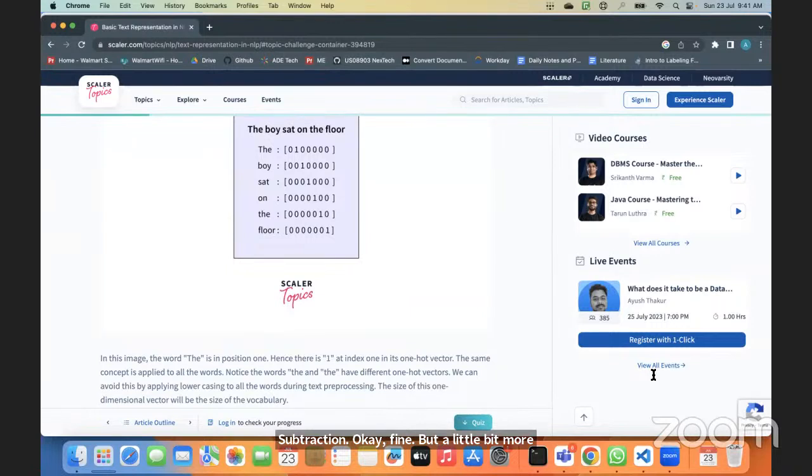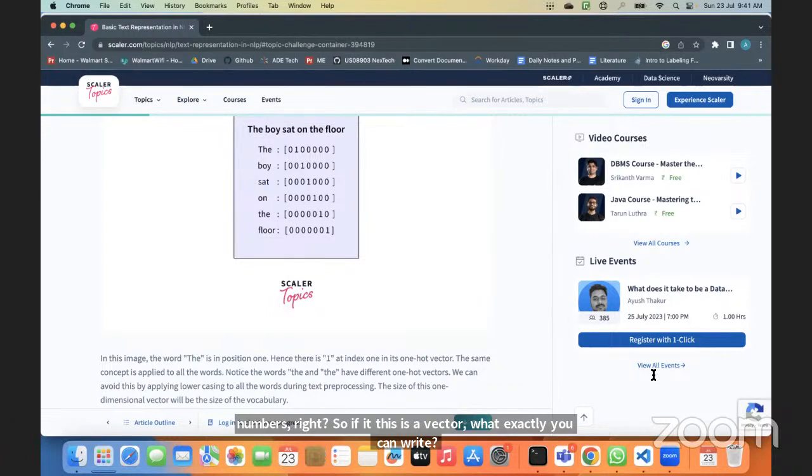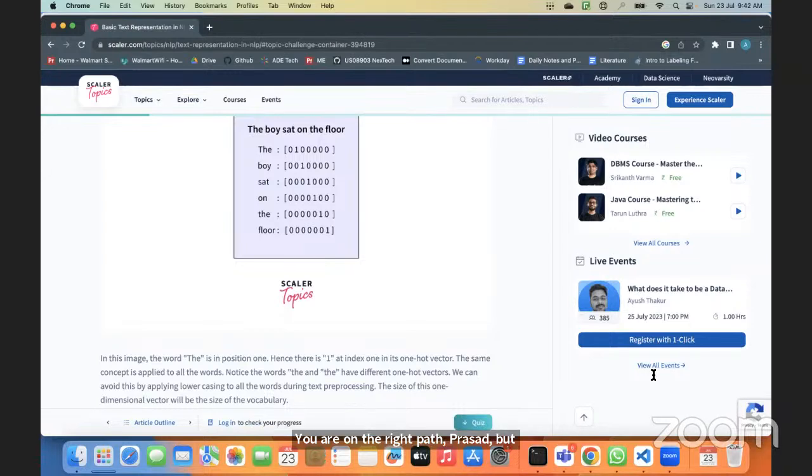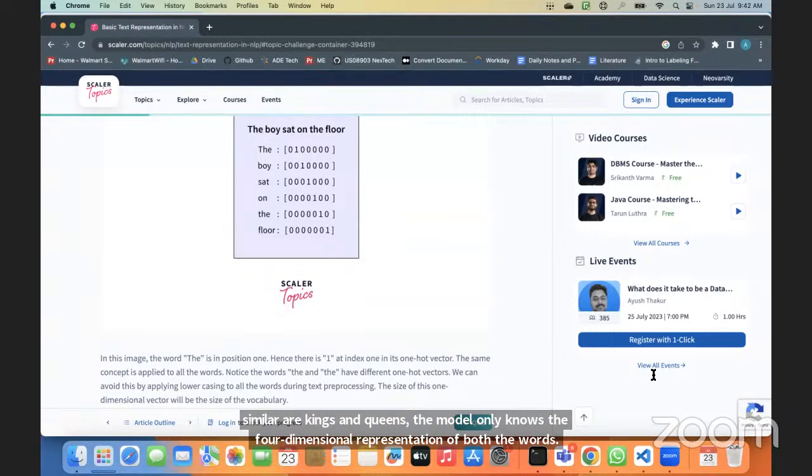You can do subtraction on simple numbers, but if this is a vector, what exactly can you do? You're on the right path, Prasad. How similar are two vectors? The model only knows the 4-dimensional representation of both the words. If you want to find out how similar they are, what would you do?